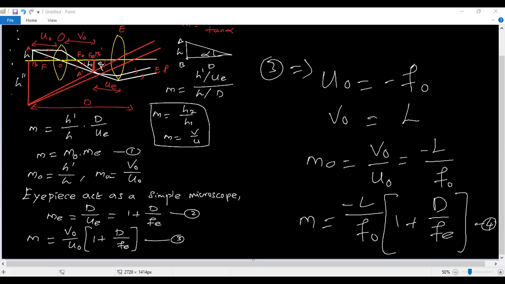Next derivation, when the final image is formed at infinity. The previous one was the least distance of distinct vision derivation. Next we will discuss when the final image is formed at infinity.